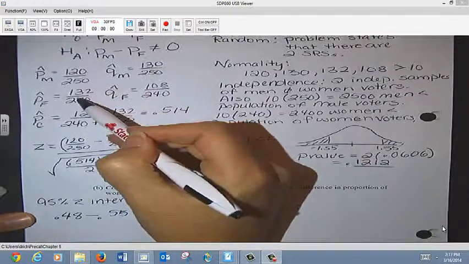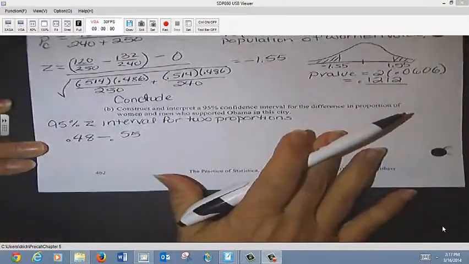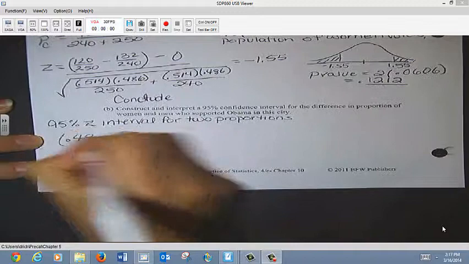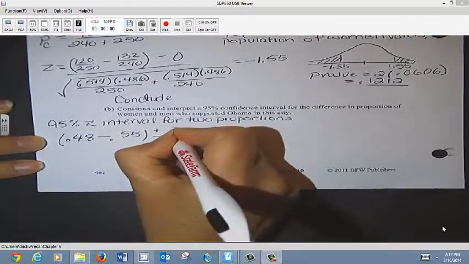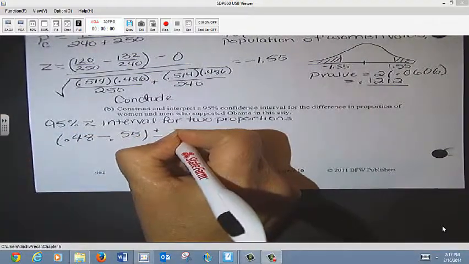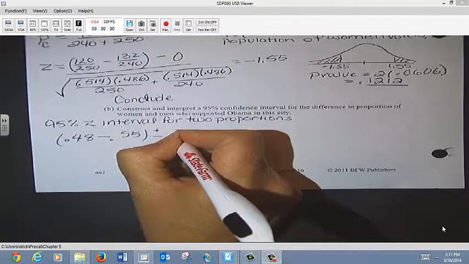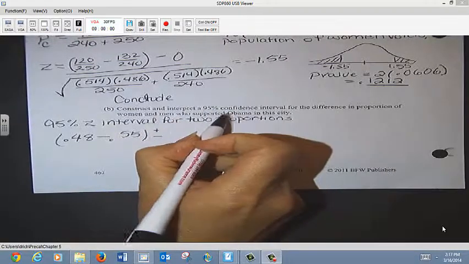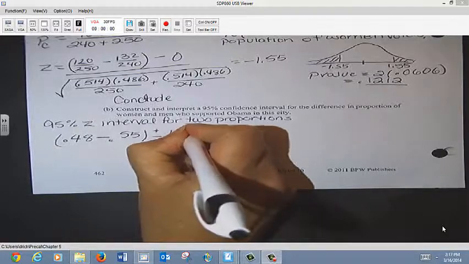Statistic plus or minus your critical value. Now your critical value is your z star for proportions, and since this is a 95% interval, we use 1.96, but we could look that up on our table if we needed to, times the standard error.